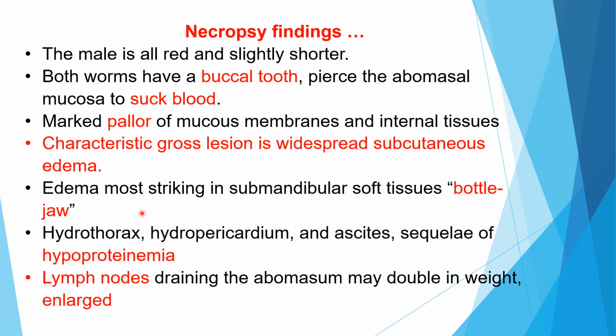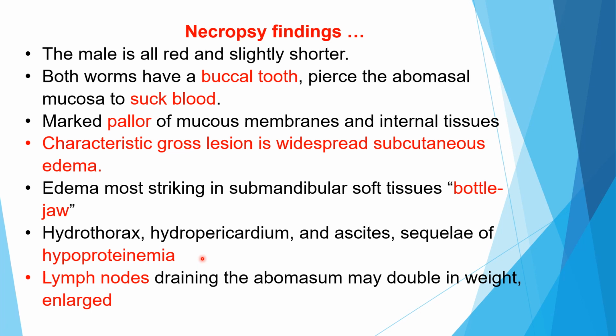There is also accumulation of fluid in the pleura, pericardium, and peritoneal cavity. There is hydrothorax, hydropericardium, and ascites. All this results from hypoproteinemia.